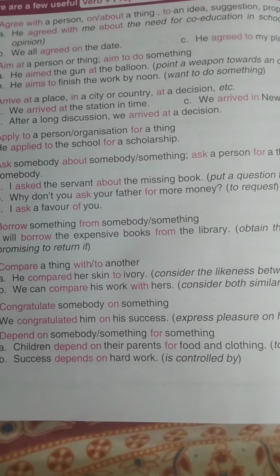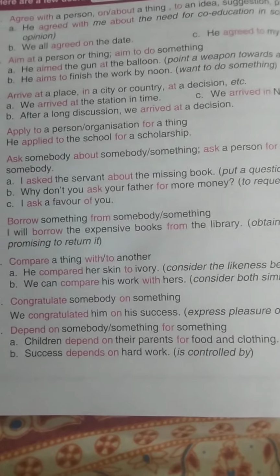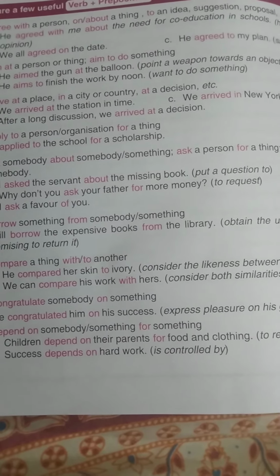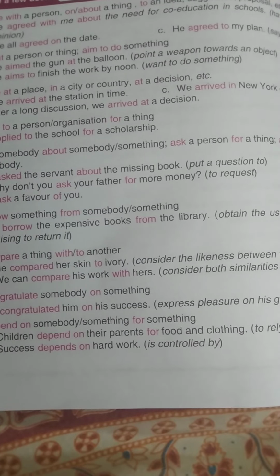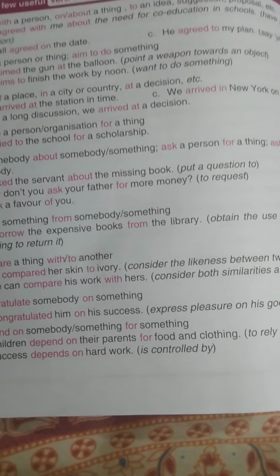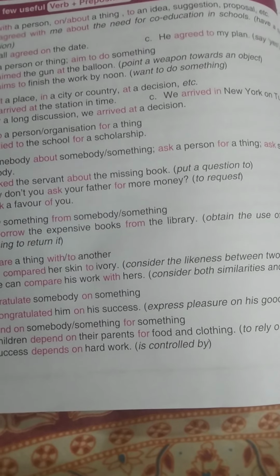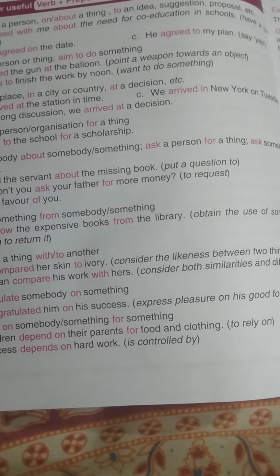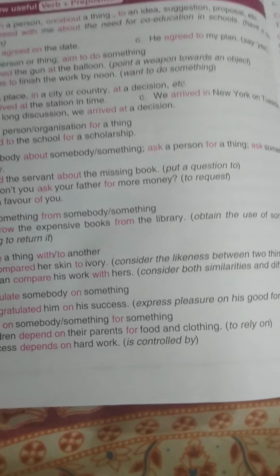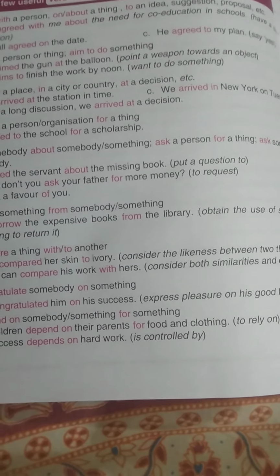The preposition at or in goes with arrive. The examples are: we arrived at the station in time, we arrived in New York on Tuesday, or we arrived at a decision. So when a decision is there, we will use at. When it's a small place, we will use at. When it's a big place, we will use in with the word arrive.